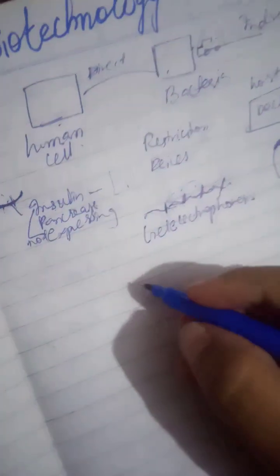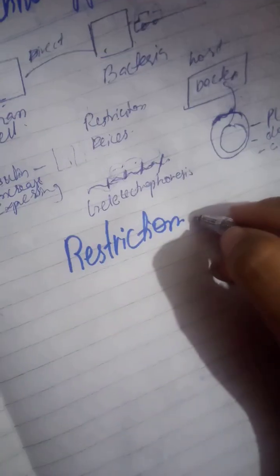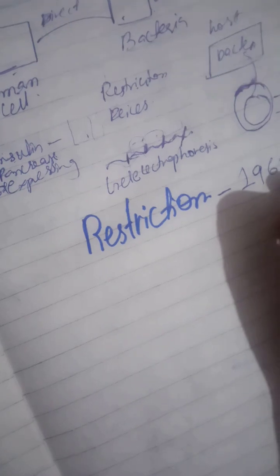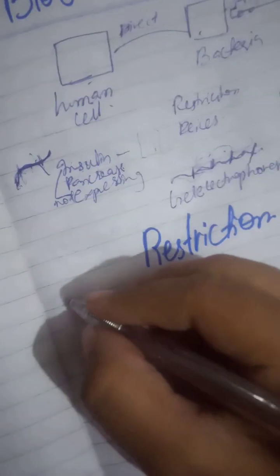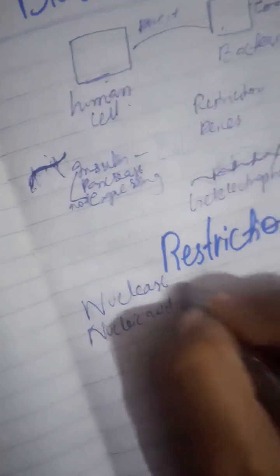Now, the concept of restriction was given in 1963. As we know, nucleic acid is broken by nucleases.